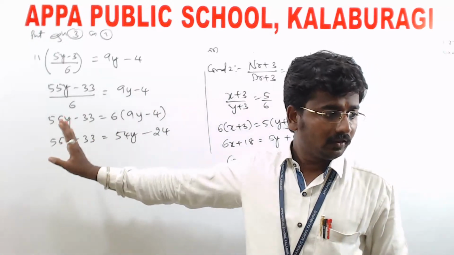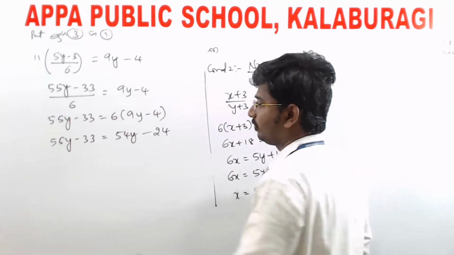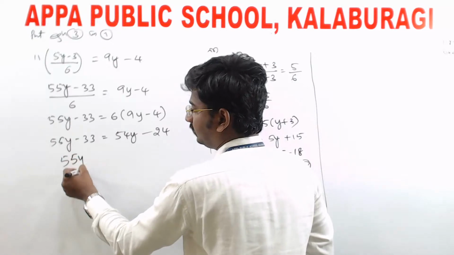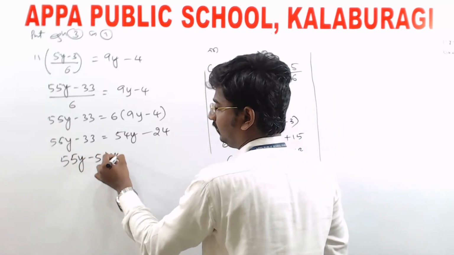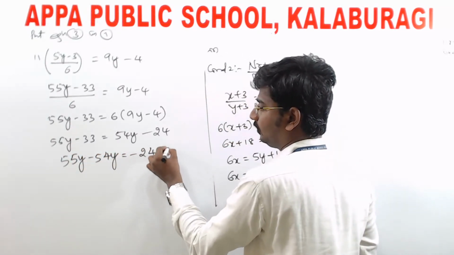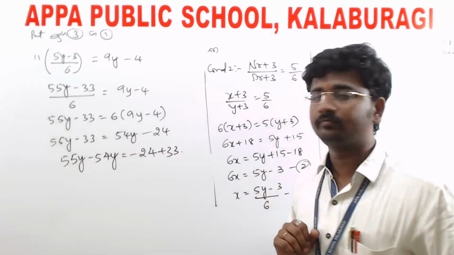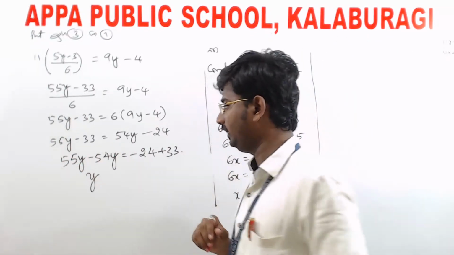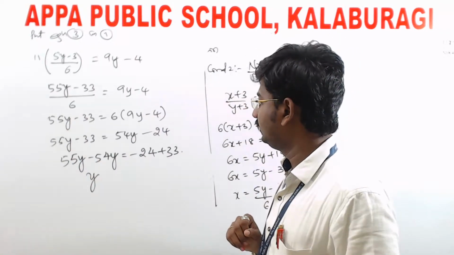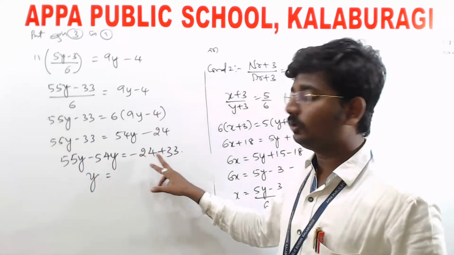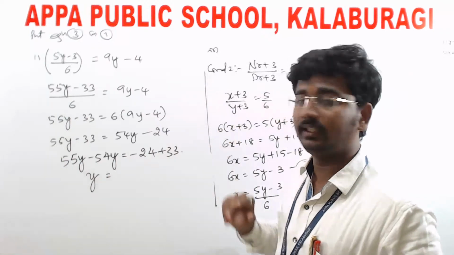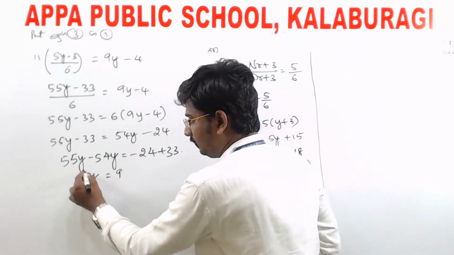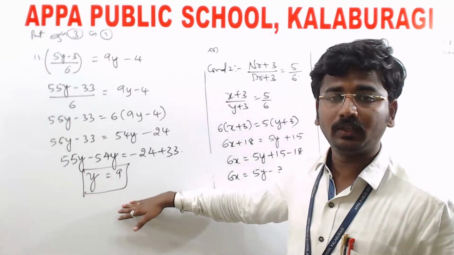Take y terms one side, constant terms the other side. 55y - 54y = -24 + 33. So 55 minus 54 y would be y, equal to -24 + 33, that is 9. So this is your y value.